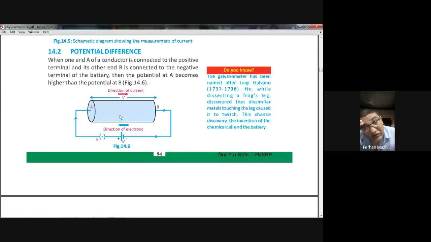They have to use energy. So that energy will be converted into heat. So when the charges come out of point B, their energy will be less. The charges entering here at point A have high energy, but when they come out of point B, their energy will be low.